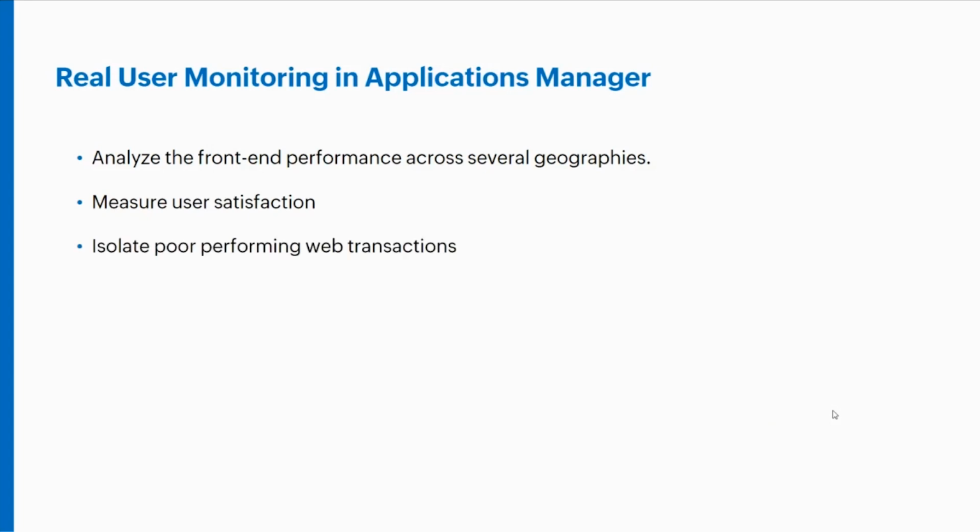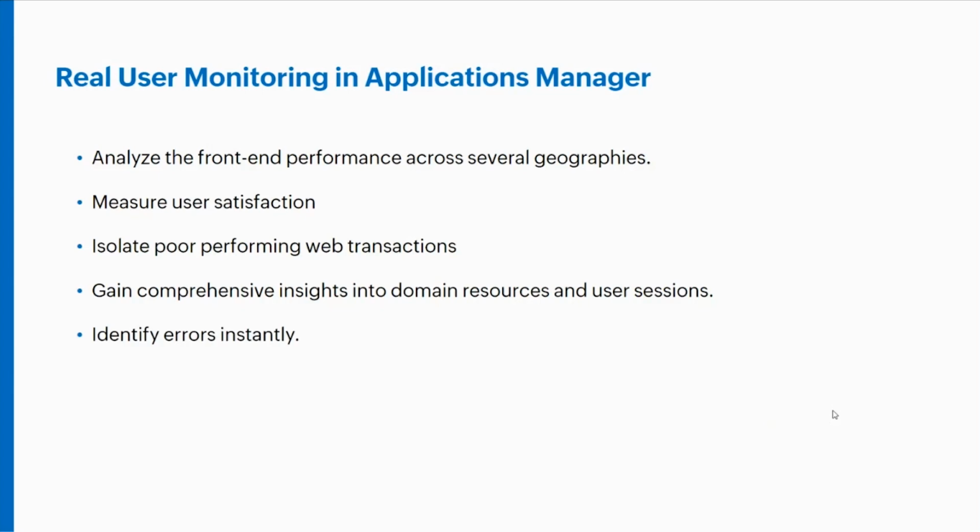You can isolate web transactions that contribute to poor user experiences of the applications. This also helps you gain comprehensive insights about domain resources and end user sessions. You can also identify JavaScript errors instantly to prevent users from reporting service errors. You can also analyze and compare the impact of any new change that's made in the site and how it has affected the user experience.